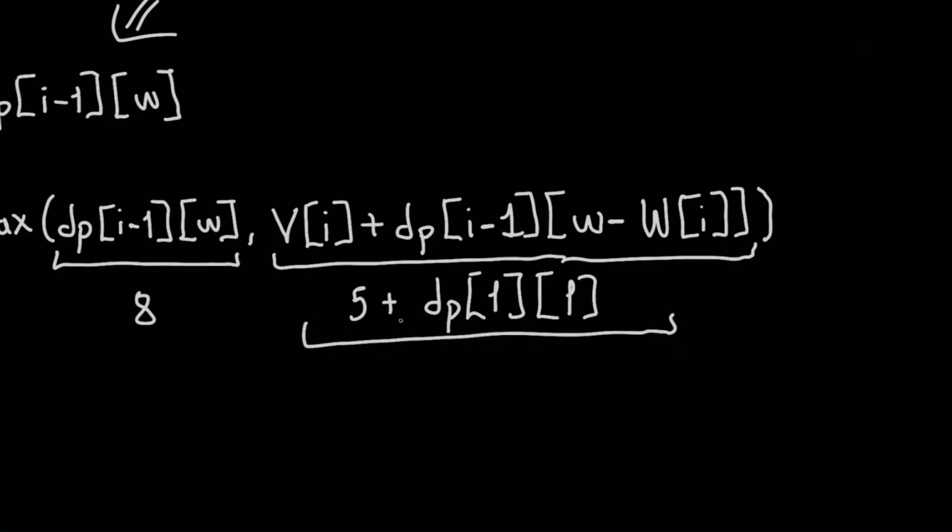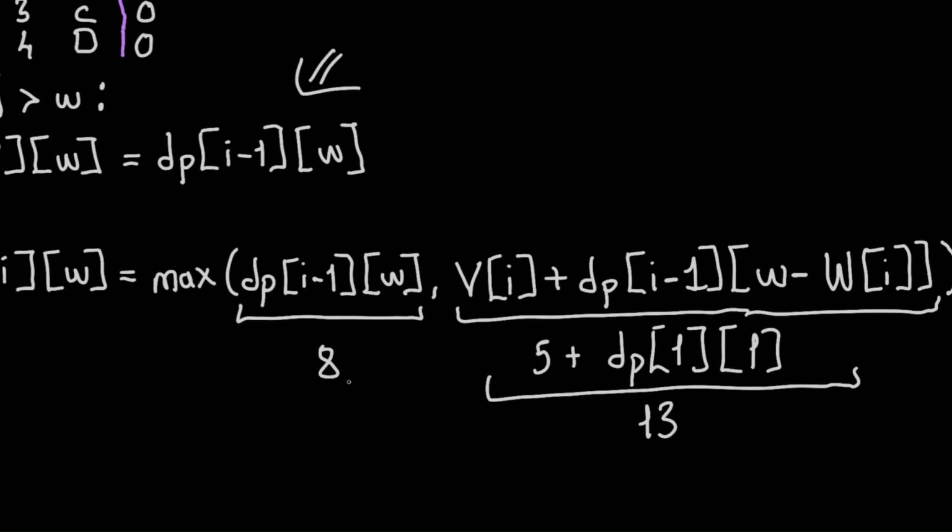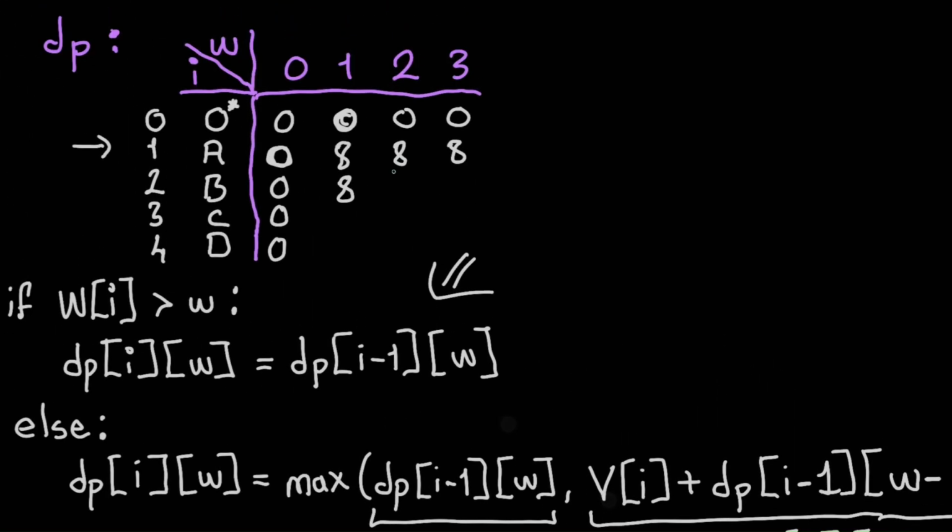That means 8 plus 5 is 13. Since 13 is bigger than 8, that means we are taking B.